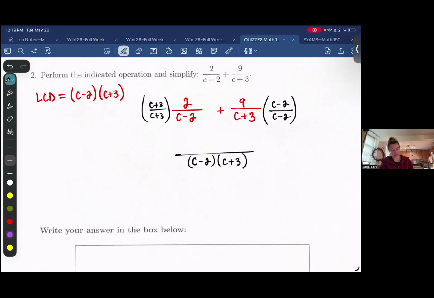And now let's utilize some distributive property. 2 times c is 2c, 2 times 3 is 6, 9 times c is 9c, and 9 times 2 is negative 18.